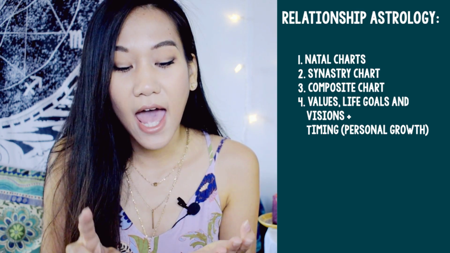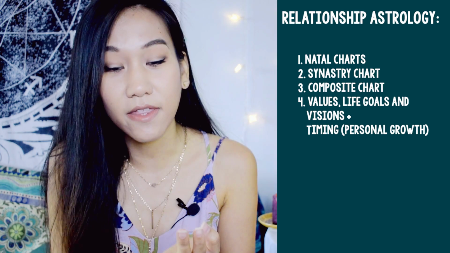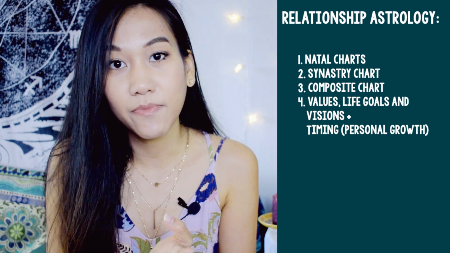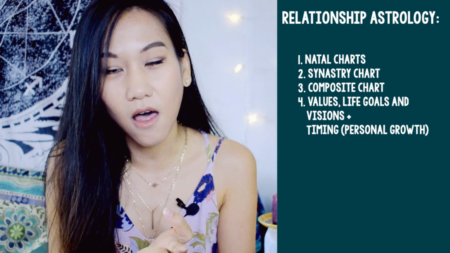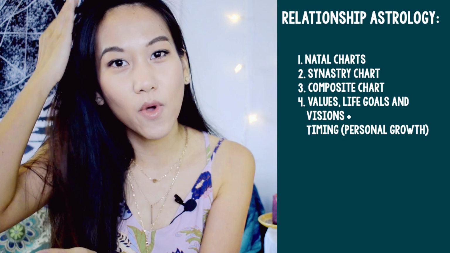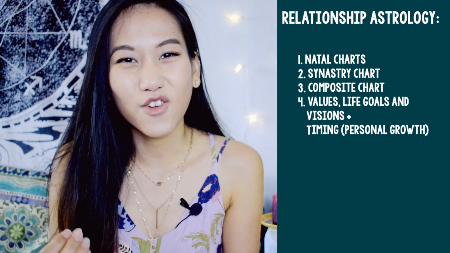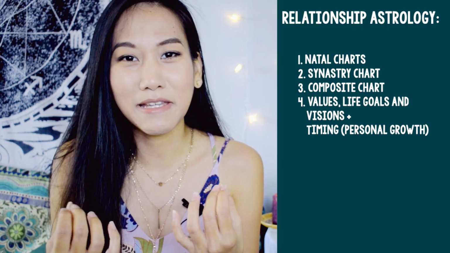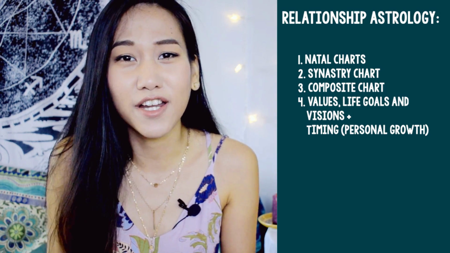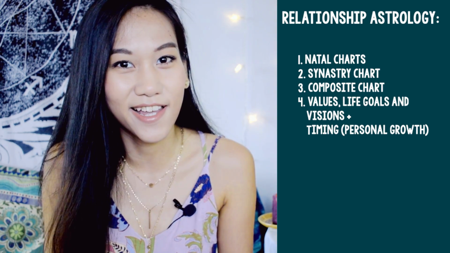If you look at your natal chart and you see that somebody is a potential soulmate, they have good qualities that you can really learn from, you look at the synastry, you have the attraction, the chemistry, you get along, you look at the composite, you have the same goals in this relationship and you're going in the right direction together, but if your values and your vision for life are ultimately different, it's going to be hard, because you don't want to have to change your values to be with somebody.